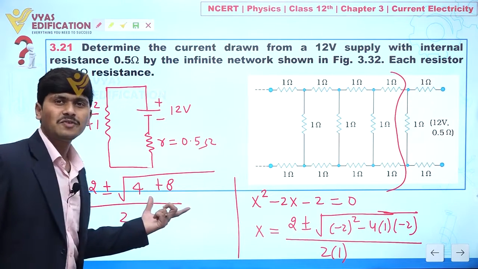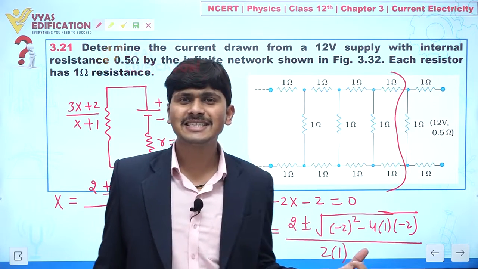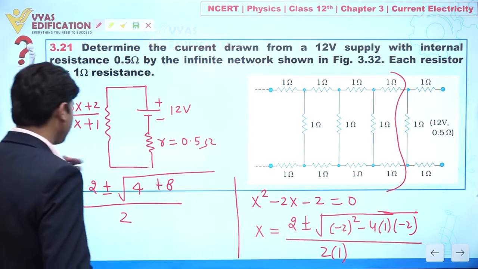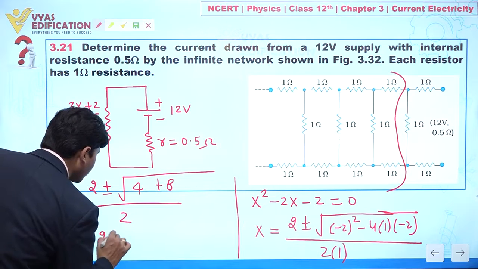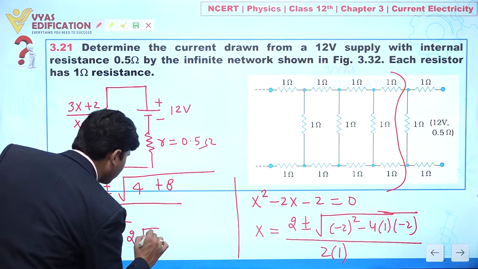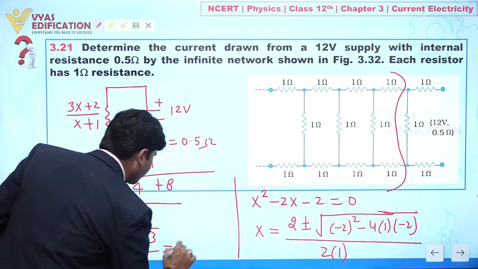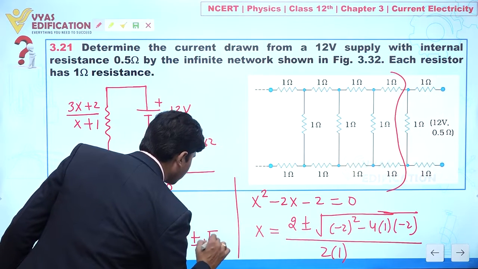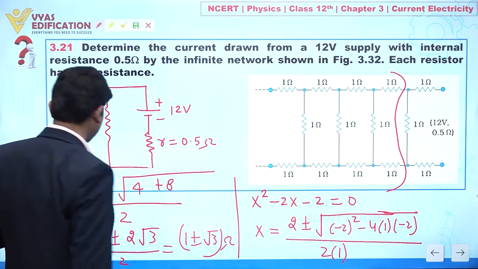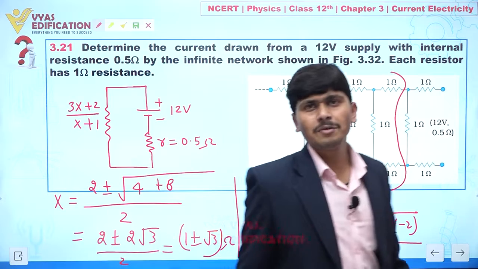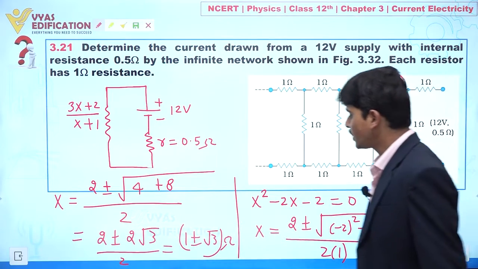This is equal to under root of 12. We can write 12 as 3 multiplied by 4, and the 2 can come out of the square root. So this is 2 under root of 3 divided by 2, and the value of X is 1 plus minus under root of 3 ohm.